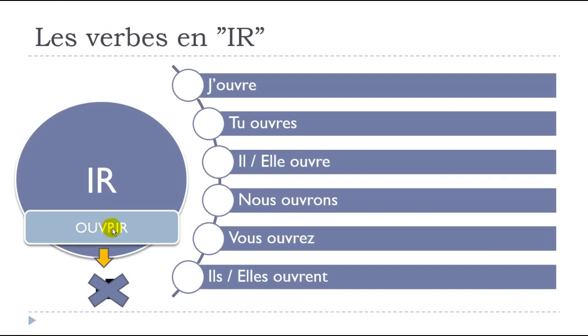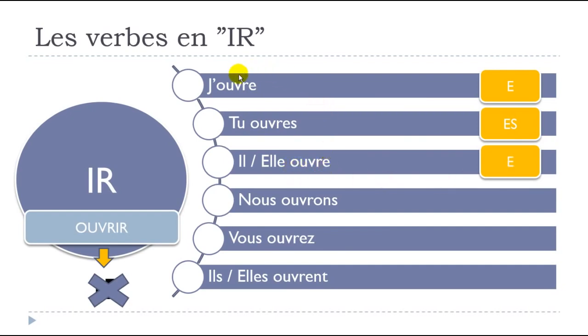OUVR. And then after that you will add the endings: E for je. That's the reason why you get j'ouvre. For tu, you will add ES, and that's the reason why you will get tu ouvres. For il, elle, you will add E, ouvre.